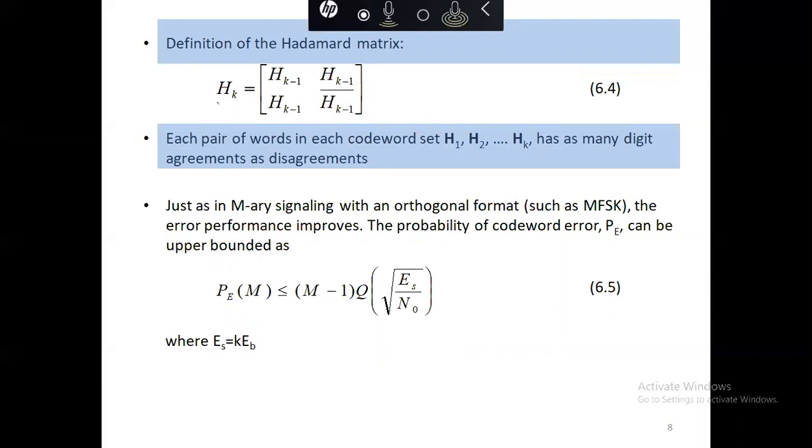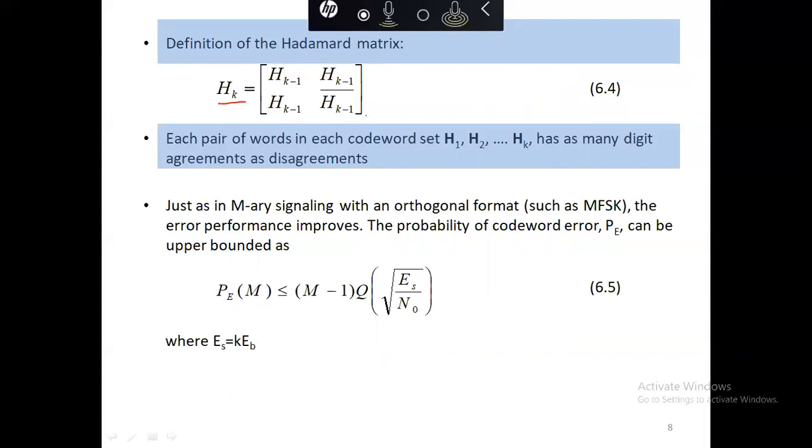of any order, and these are orthogonal in nature. Every sequence generated by Hadamard matrix is orthogonal to the other sequence within this matrix, and it is a square matrix.